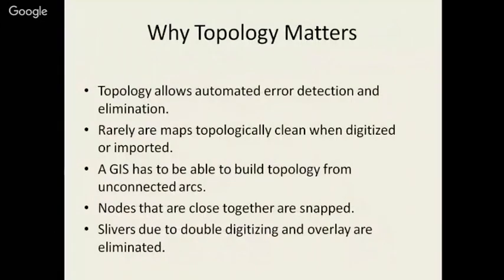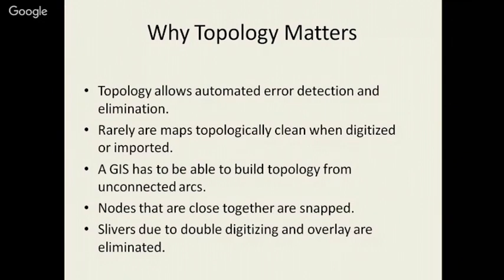So why is topology important? Topology allows automated error detection and elimination. When we create relationships between the arcs, polygons and points, it tends to detect and eliminate the errors automatically.